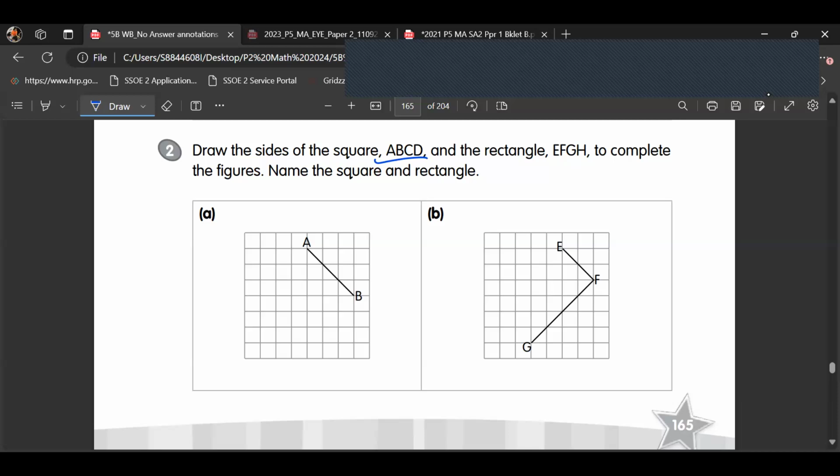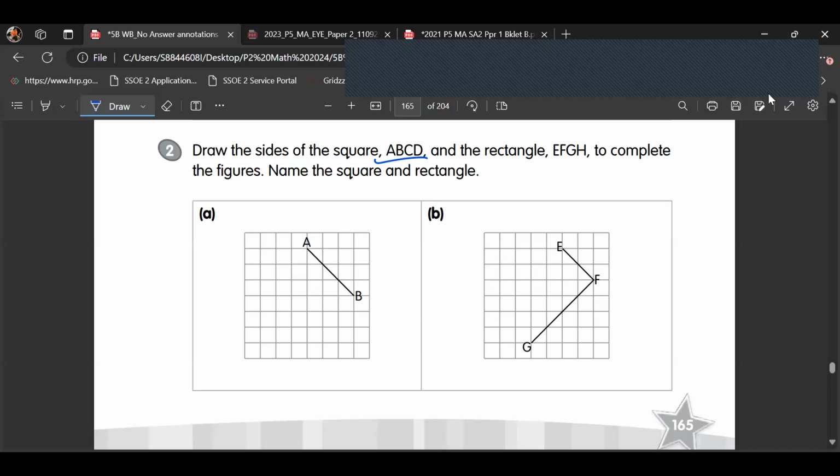I need to use my set square to show you the trick to do this. Can you try to draw it first by yourself? Anybody don't have a set square? I need to borrow a set square and ruler.